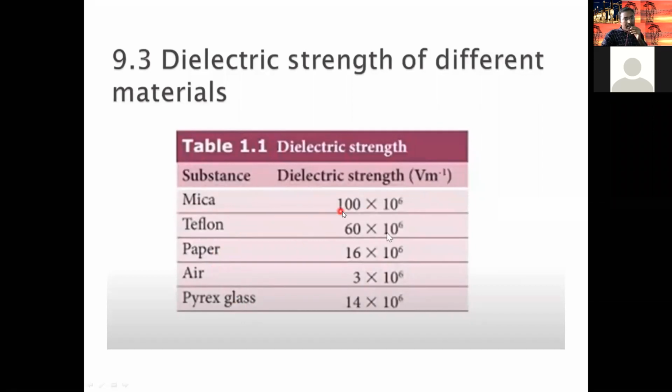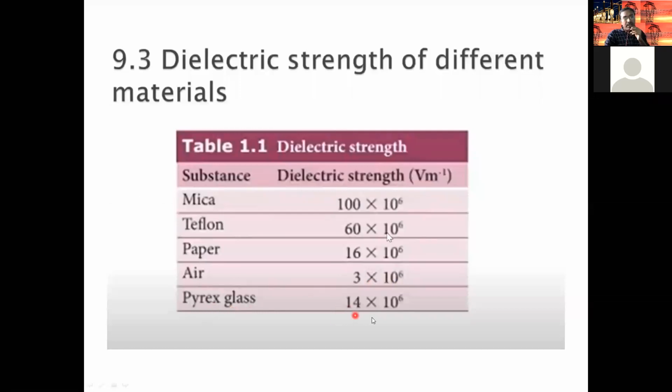Here, for mica, 10^2 means the dielectric strength is 100 megavolts per meter. Teflon is 16 megavolts per meter, paper is 16 megavolts per meter, and air, as you know well, is 3 megavolts per meter, or 30 kilovolts per centimeter.